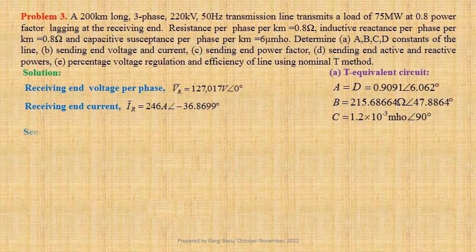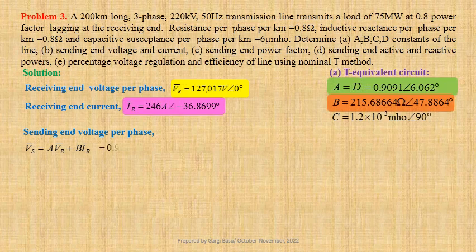Expression for sending end voltage per phase: Vs equals A times VR plus B times IR. Using values we get 0.9091 at an angle 6.062 degree into 127,017 at an angle 0 degree plus 215.68664 at an angle 47.8864 degree into 246 at an angle minus 36.8699 degree.